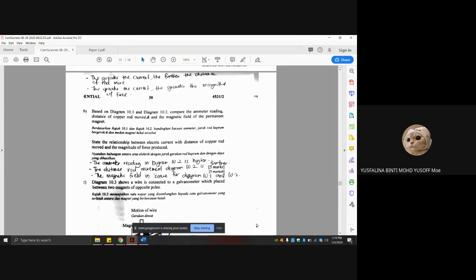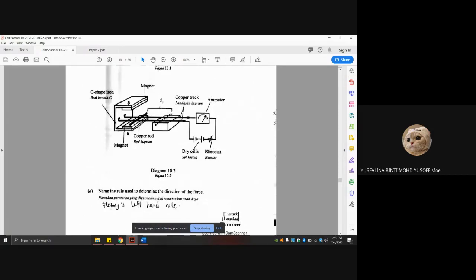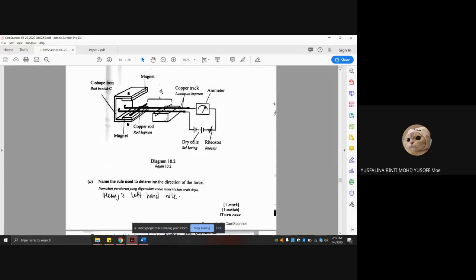The greater the current, the further the distance the rod moves, and the greater the magnitude of force. When the ammeter reading is higher, the copper rod moves further. To know which direction the copper rod moves, you use Fleming's left hand rule.